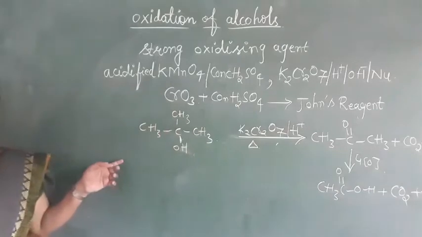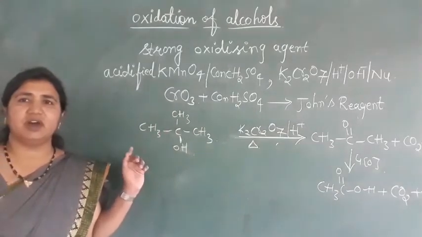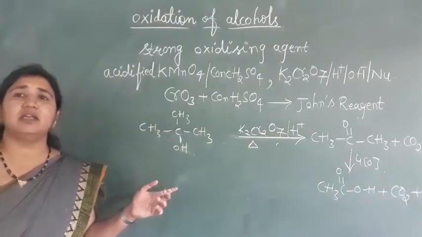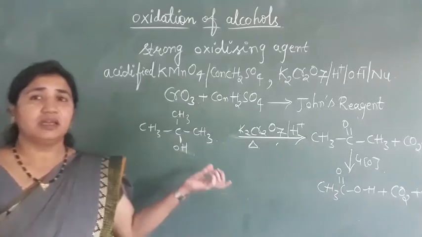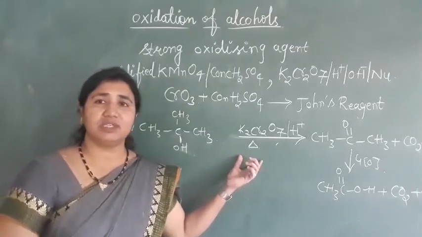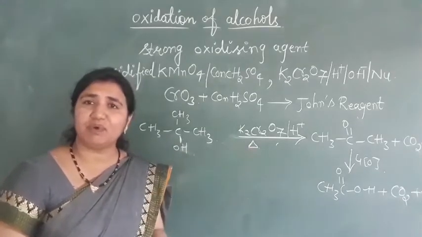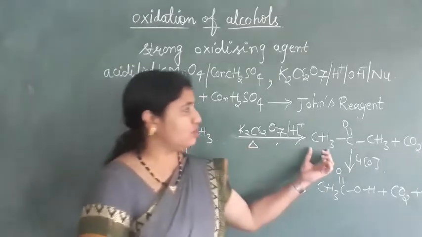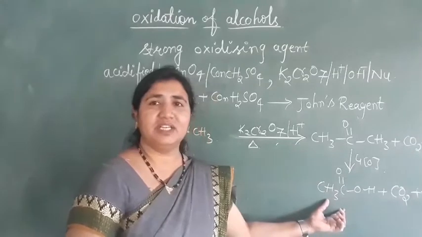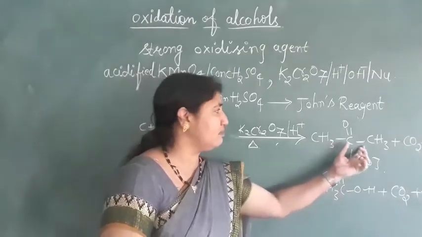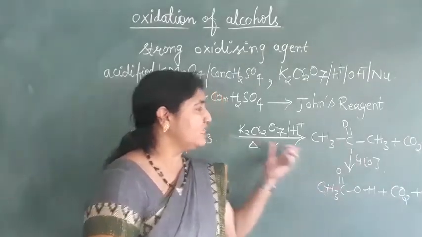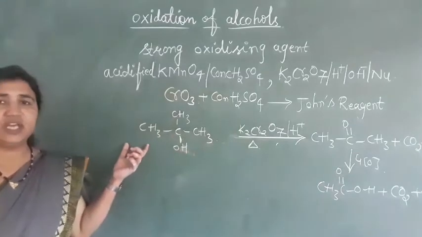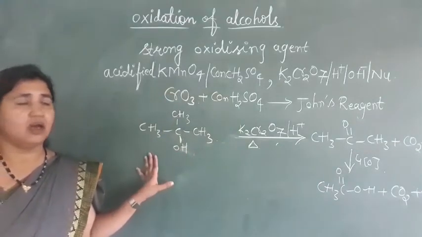That means tertiary alcohols in normal conditions will not undergo oxidation. Under strong conditions, that means we have to take a strong oxidizing agent and provide more heat, then they will convert into acetone and carboxylic acid. So many carbon bonds we have to break, then tertiary alcohols will undergo oxidation.